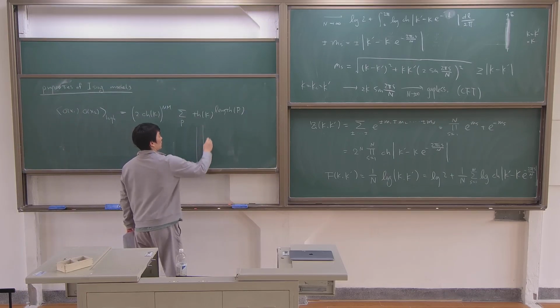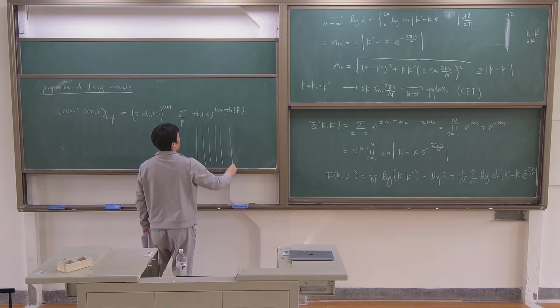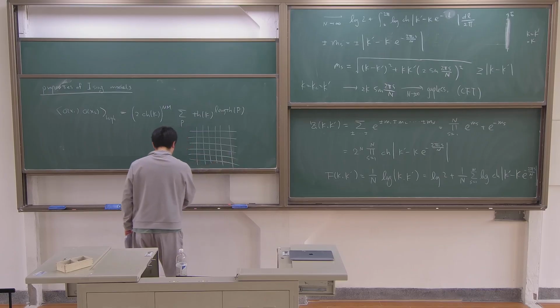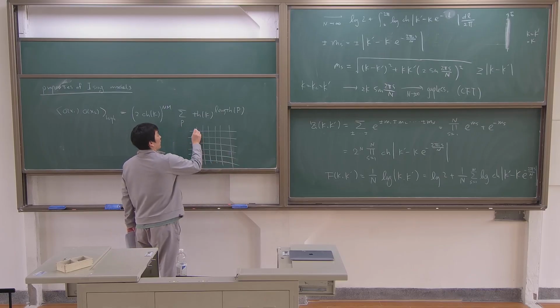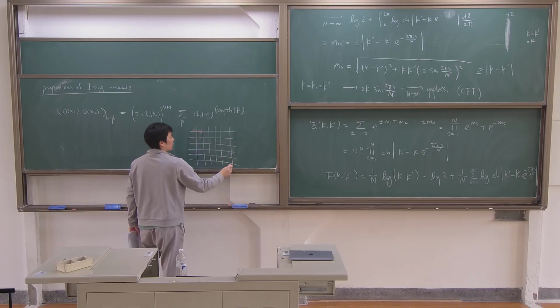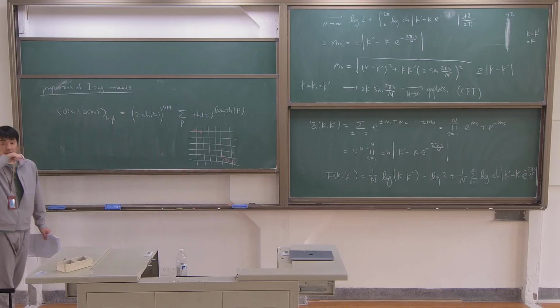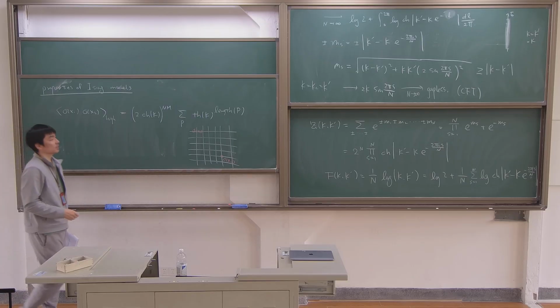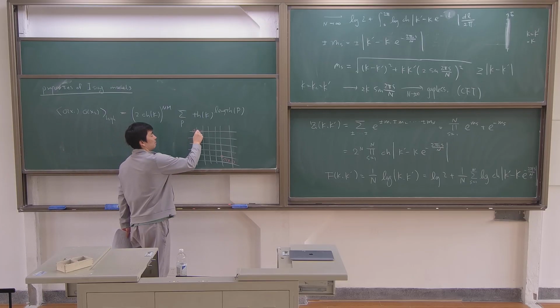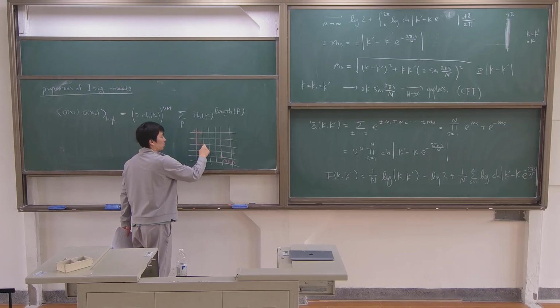So if you consider the Ising model, sigma x1 is here, and sigma x2 is here, and P is any path between these two.